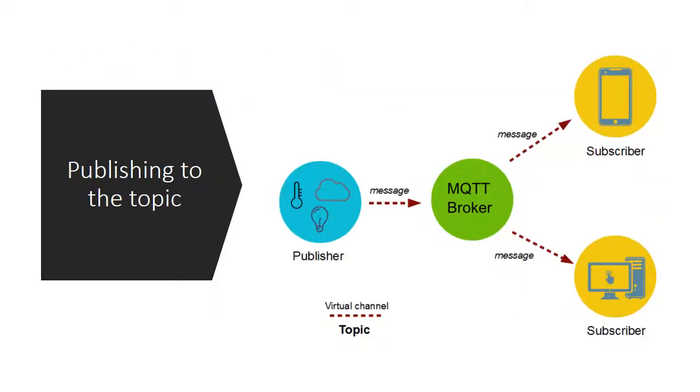So the first part that we're going to look at today is really about publishing data to the MQTT broker. In the environment that I have set up, I have the MQTT broker and the publishing client actually all sitting on the Raspberry Pi.